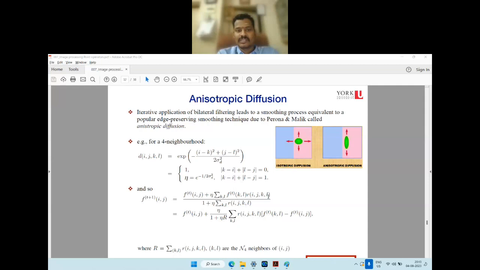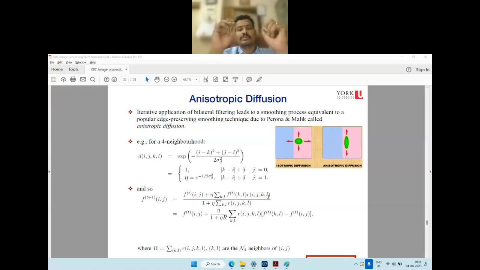Don't know whether you might have studied or not. Yes, sir, I guess we studied this in school. Edge preserving smoothing technique, that is what you have learned in physics. That is also applicable to image processing, in which we preserve the edges.